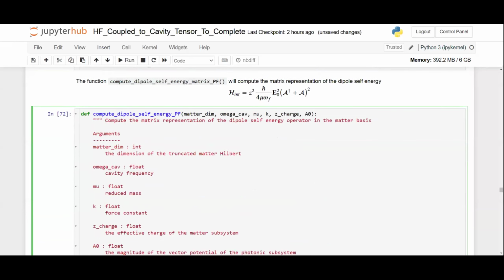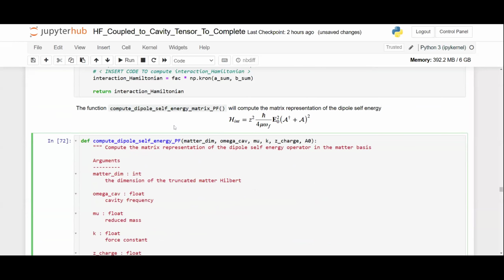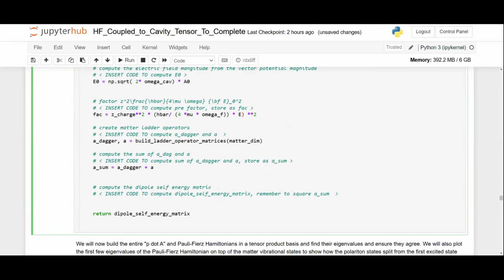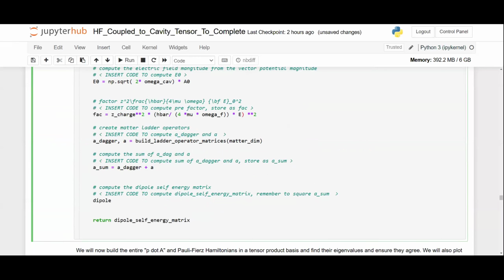And then for this term, we need A dagger plus A squared. So when we go to compute the dipole self-energy matrix, we will square that A sum and the add symbol just does matrix multiplication.